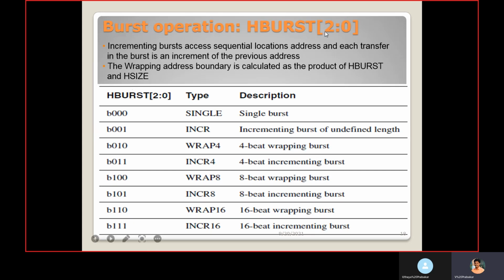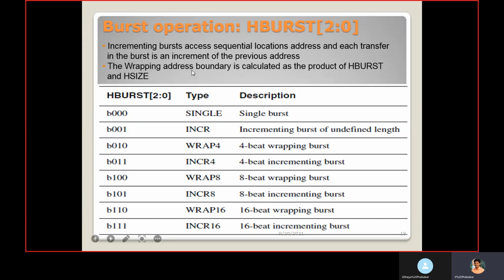Now the next operation: fetch burst is a control signal. It is a 3-bit signal. Incrementing burst accesses sequential locations, and each transfer in the burst is an increment of the previous address. So burst transfer means we mention the start address, and then the address will automatically increment based on the fetch burst and fetch size, with reference to the previous address.